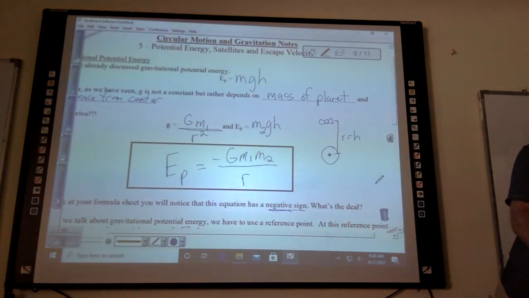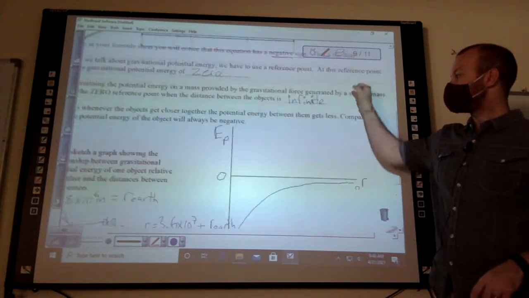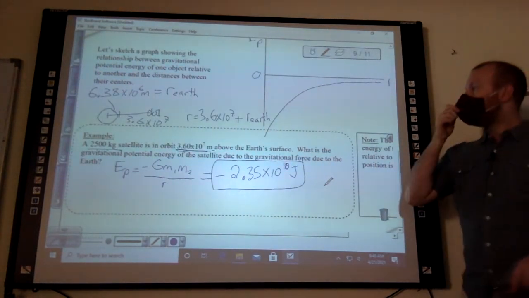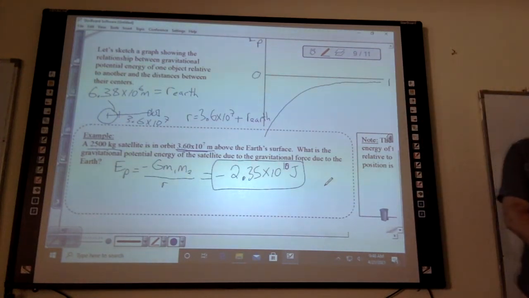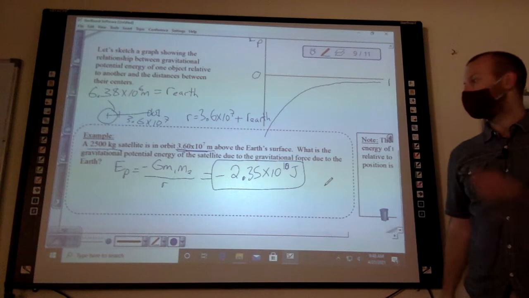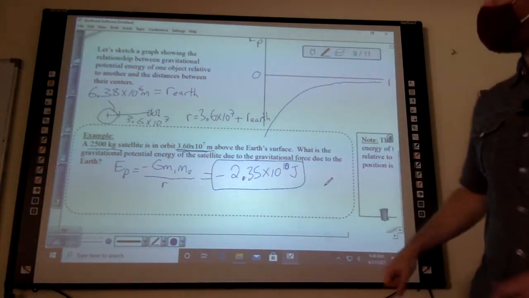I'll look that up and then I'll let you know. I do know that conventionally we've always set an infinite distance as 0, and then all potential energies less than that have to be negative. But I forget the reasoning why in that case we set H equal to R, whereas when we deal with this we can't. I'll look that up. There is an explanation, I just don't know it right now.